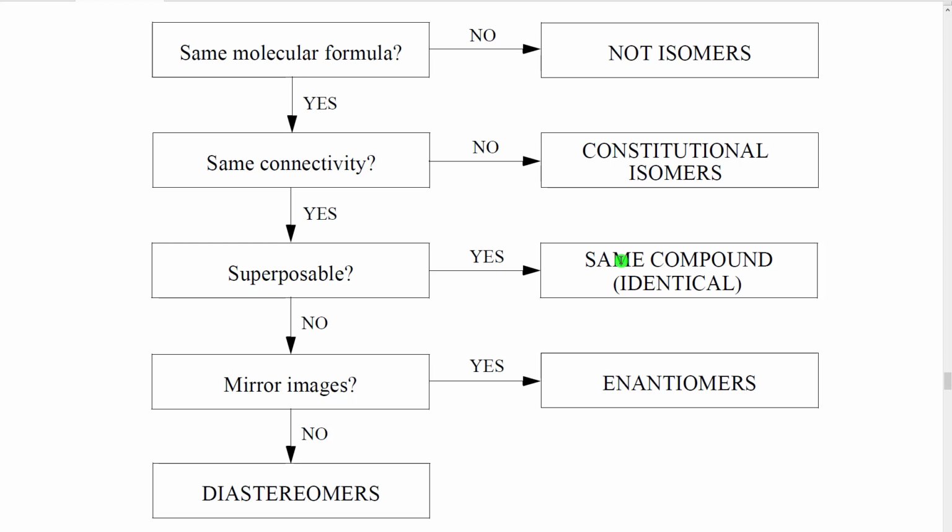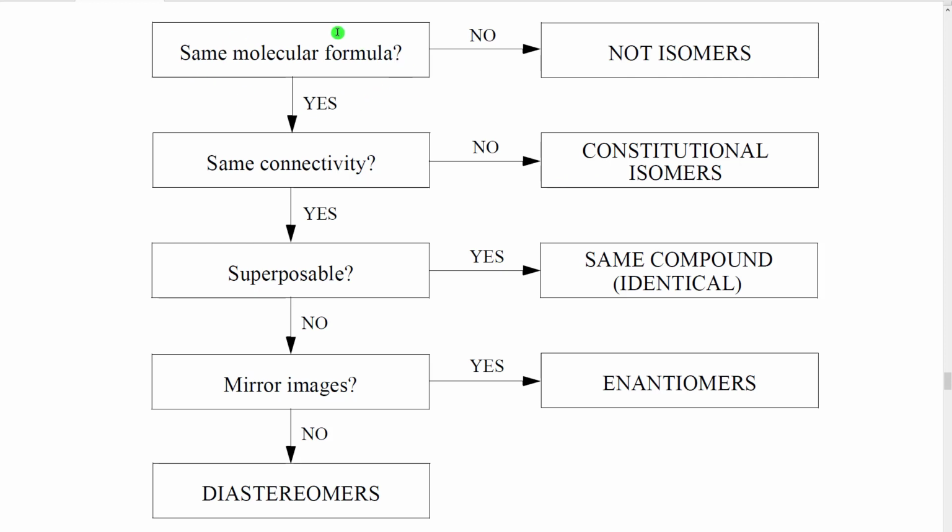This is a small flowchart that shows how we could work our way through that problem. We would start by taking two given molecules. In a flowchart, we ask a question and then look at the possible answers and follow along the arrows as we go from possible answer to possible answer.